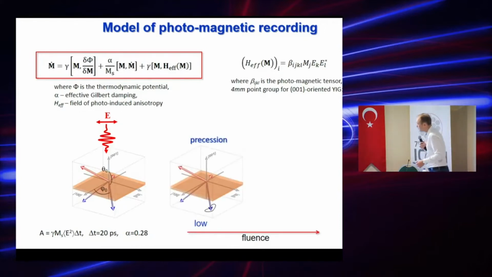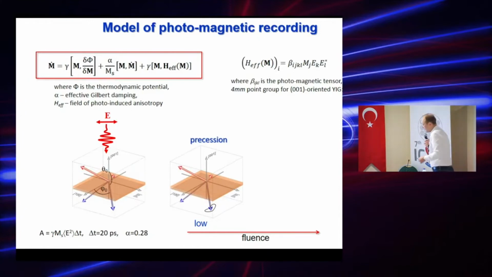So during the modeling, we demonstrate that for low fluence there is only precession motion of the magnetization close to the initial state, in the down direction of the perpendicular magnetization component.